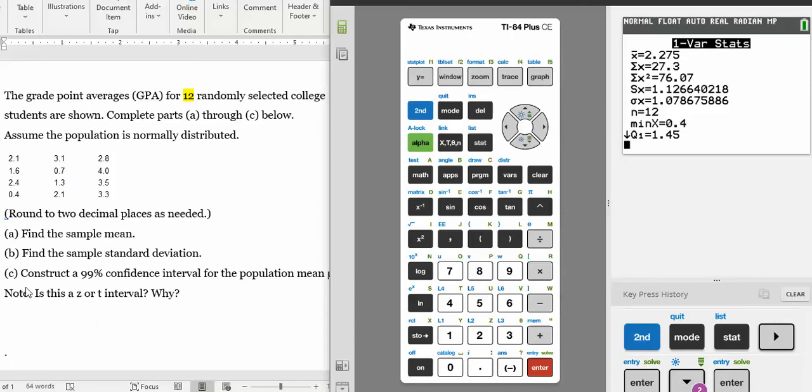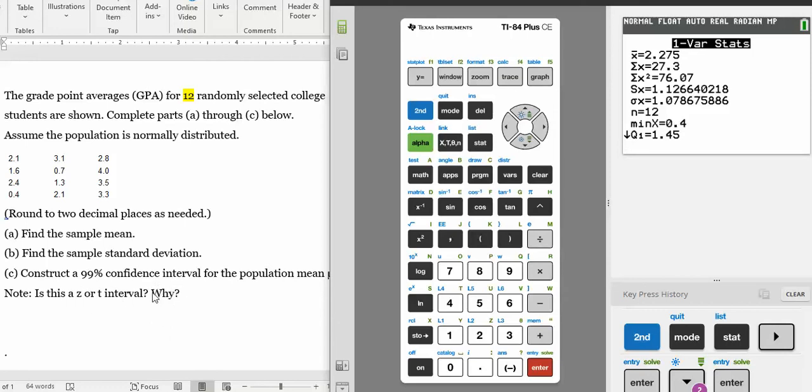Number 3 is you want to construct a 99% confidence interval for the population mean mu. I put a note right here: is this going to be a Z or T interval, and why? That is very important that you have to know before you construct the interval.